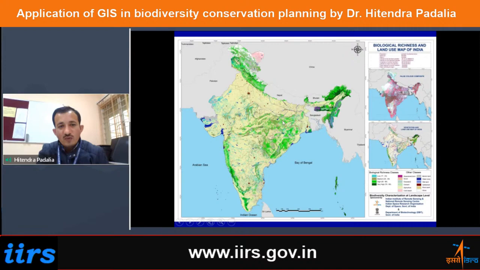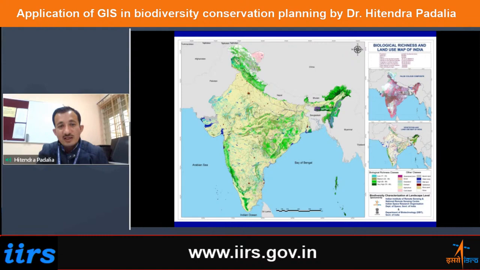Because when we overlay protected areas, the ex situ conservation tools, and other conservation categories on these maps, you get an understanding of where, in our conservation planning, we have left certain rich areas out of our protected areas.